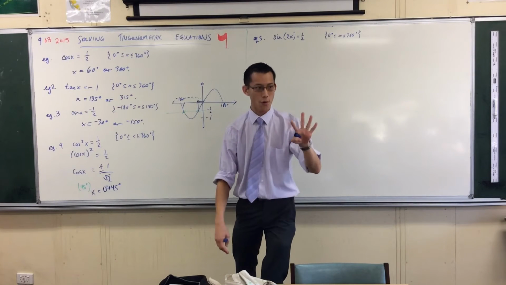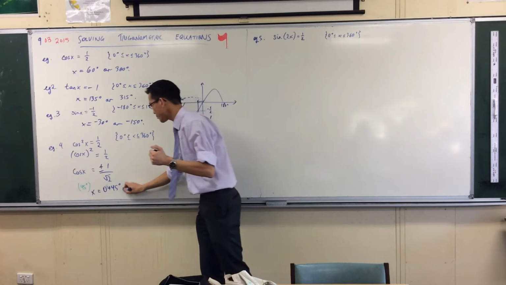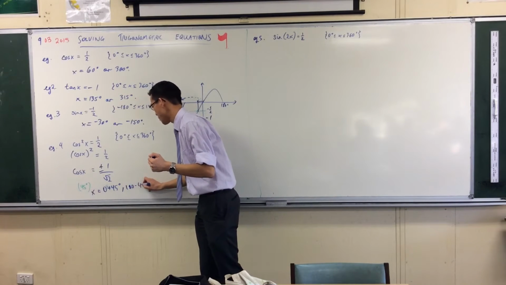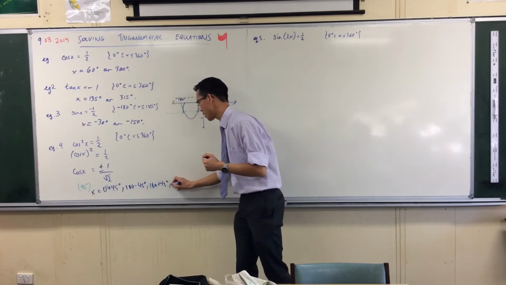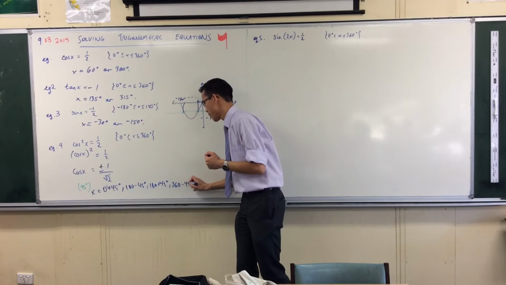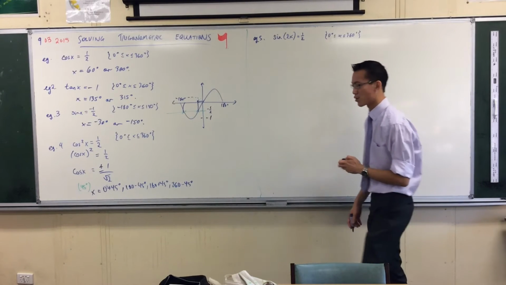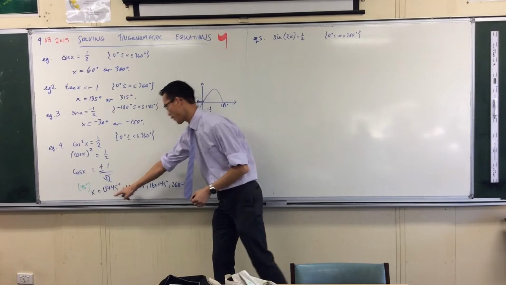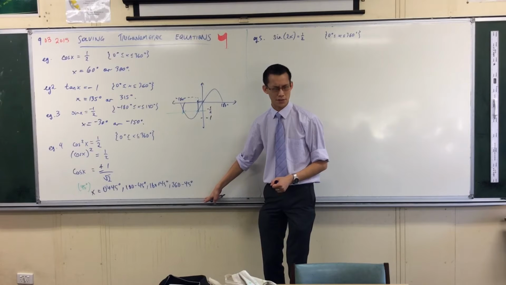The way you get the 4 answers, in case it's not clear yet, is you go from 0 forward, then you go from 180 backwards, 180 forwards, and 360 backwards. That's what gives you your 4 actual angles, okay? So your angles are going to be 45, 135, 225, 315.